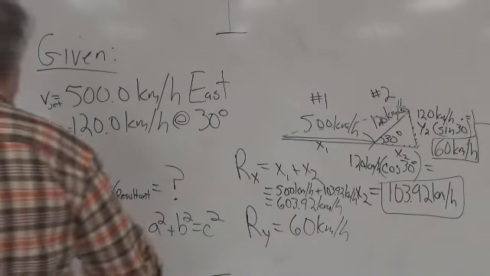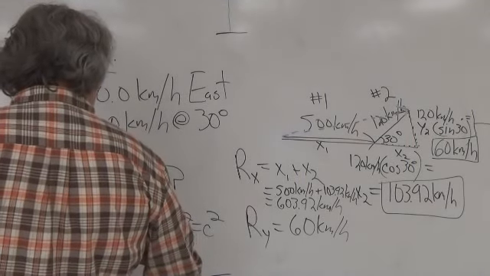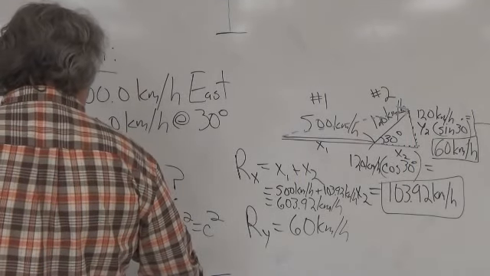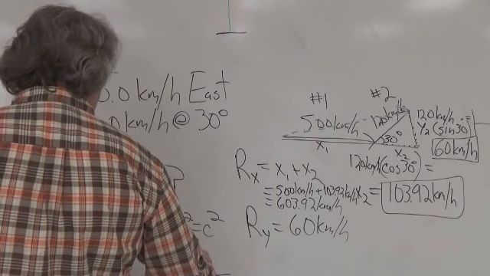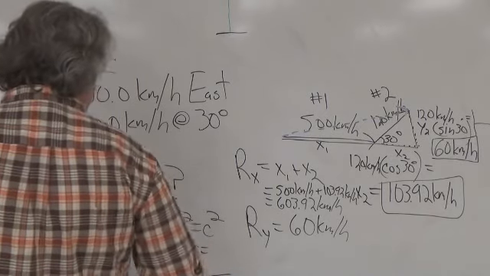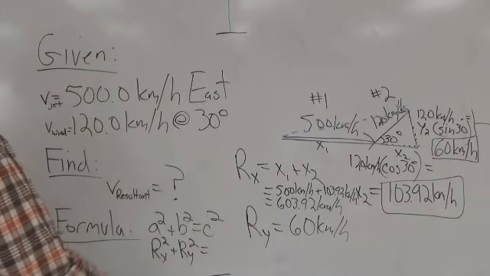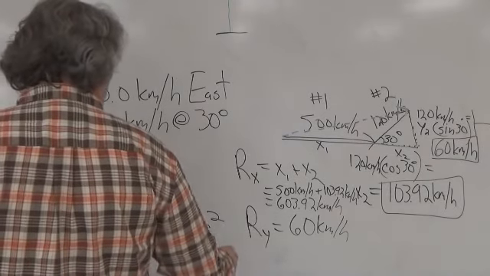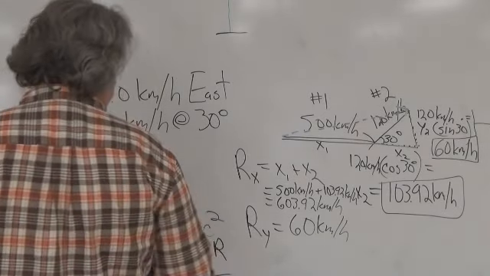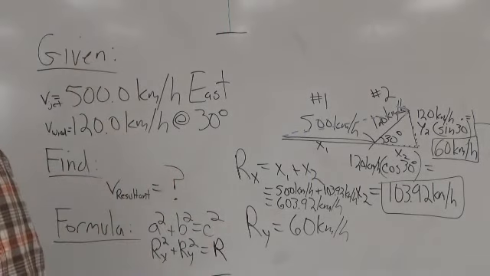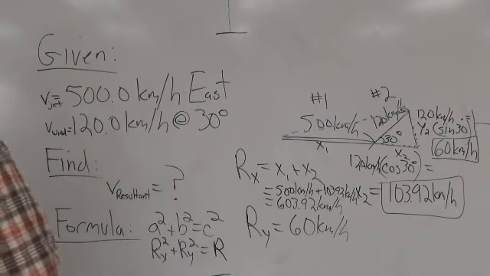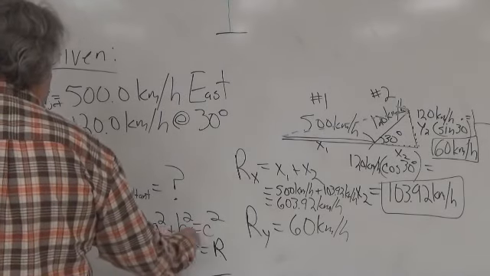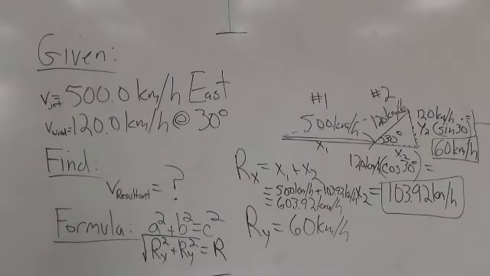So I'm going to just say Rx squared plus Ry squared is going to give me the resulting velocity. So I'm going to say R for resultant. Now that's squared, so I need to get rid of the square, so I have to do the square root of both sides. So that's the formula you're going to plug into right now. So plug it in and see what your answer is.